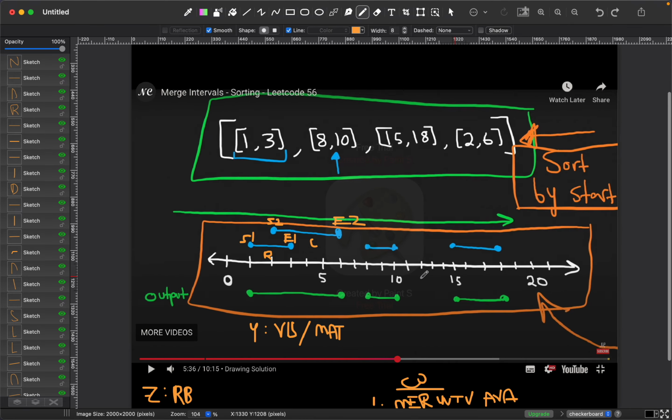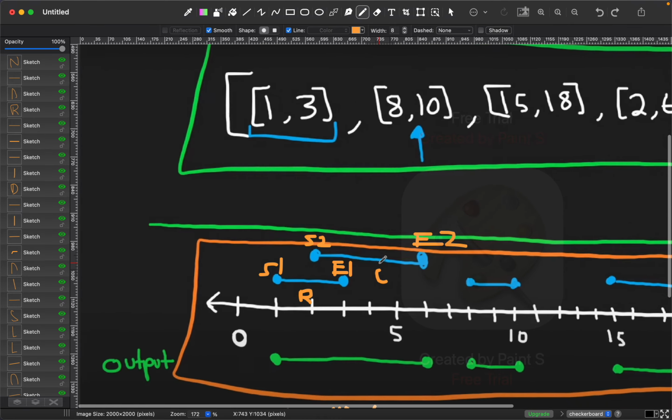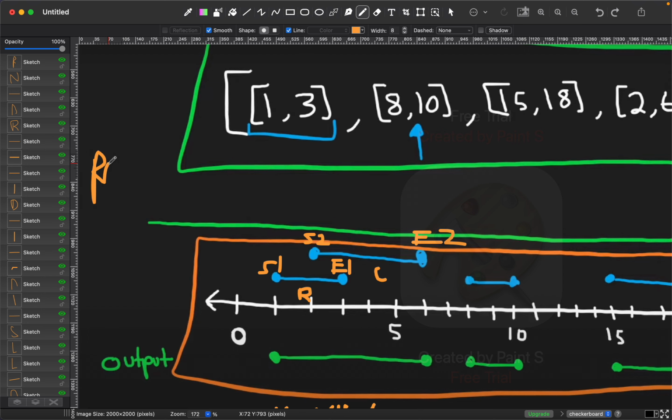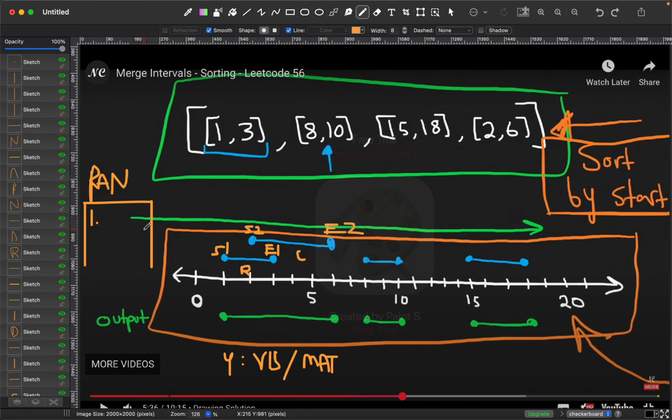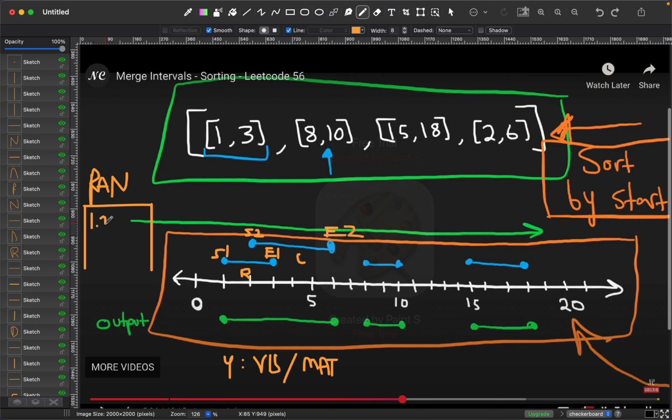For this case, maybe there's a ranking box occurring over here. Number one, rank 1, I have this number 2 guy, and the next guy I have this 15 guy.